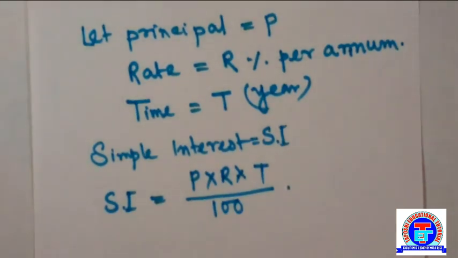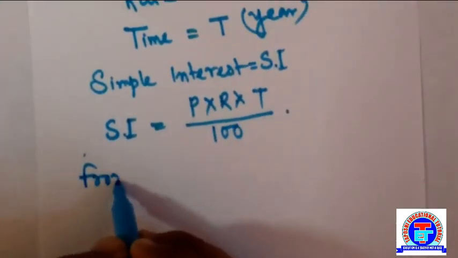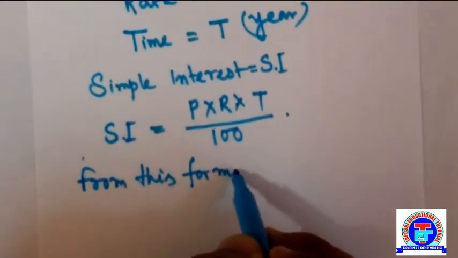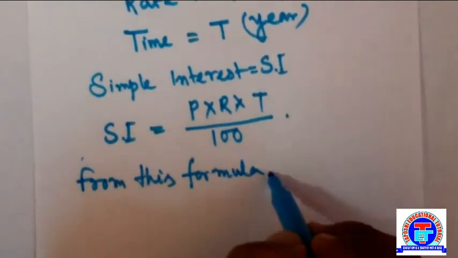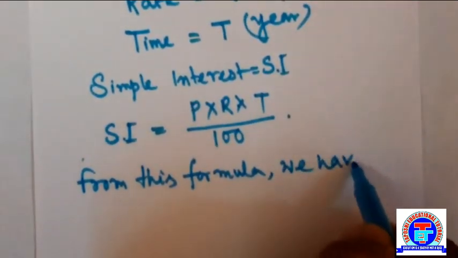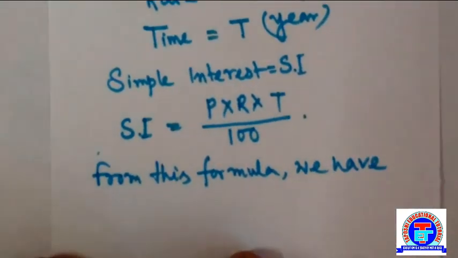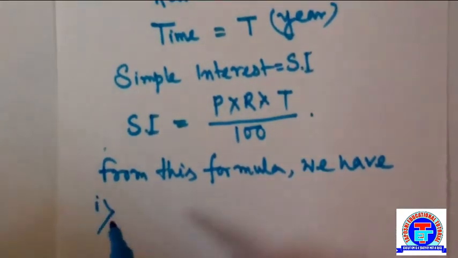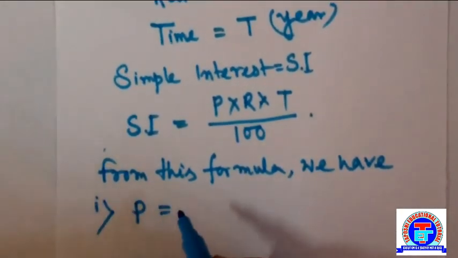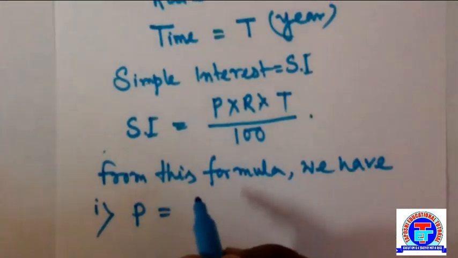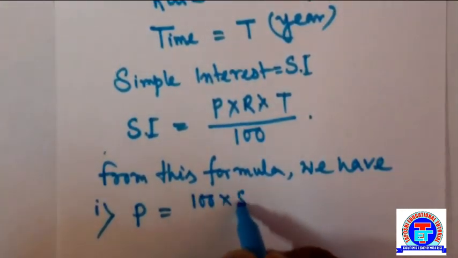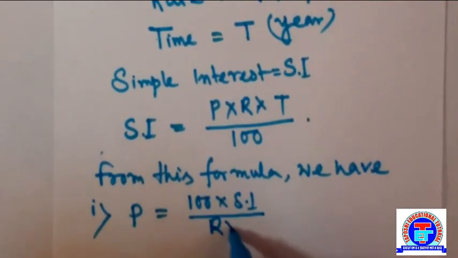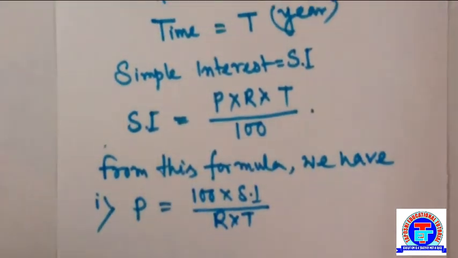Now, from this formula we have number one: principal is equal to 100 into SI divided by R into T. Right.